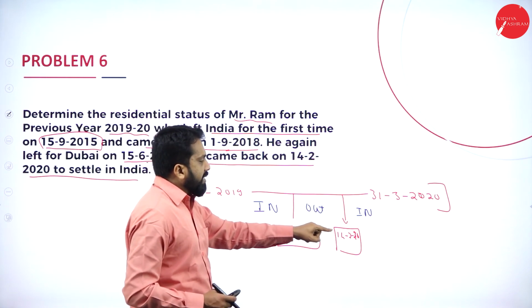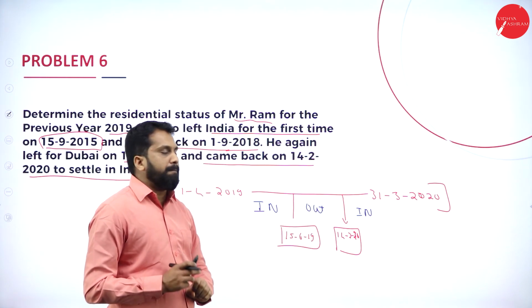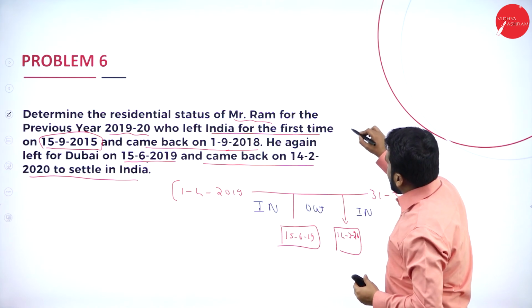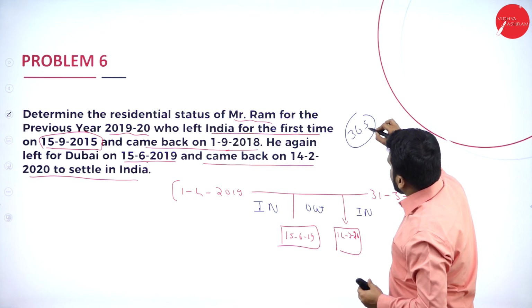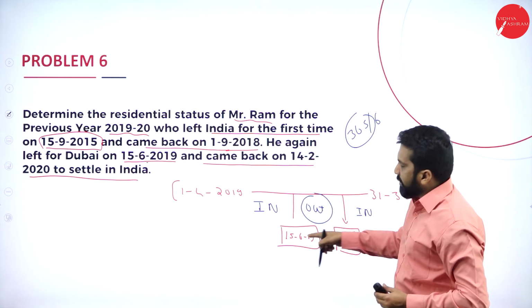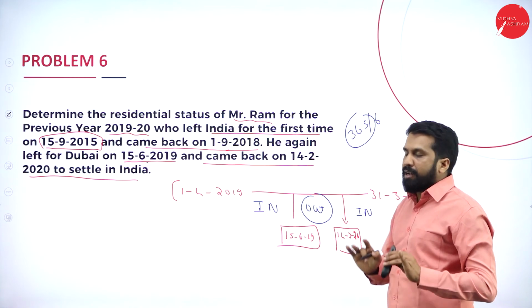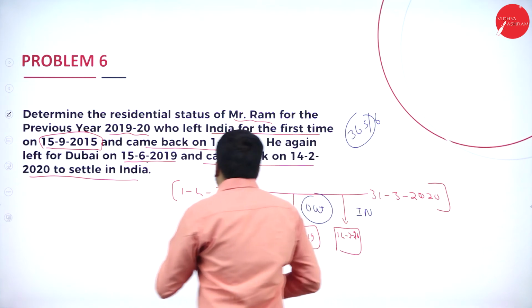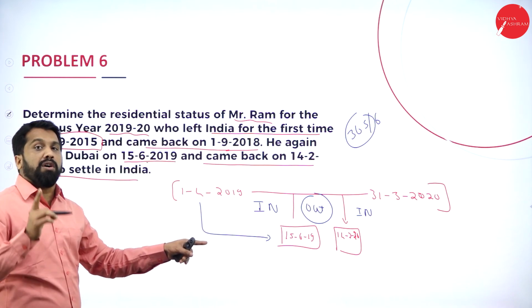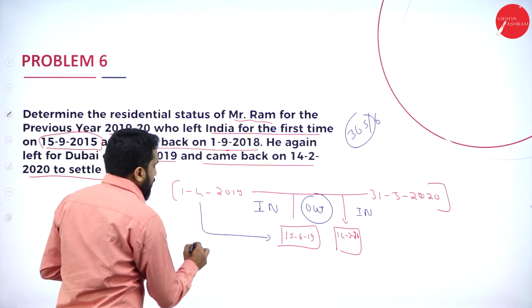So it is very simple. From the total 365 or 366 days, you have to minus these many days. Clear? Or else we'll calculate 1st April to 15th June. How many days? We'll see.